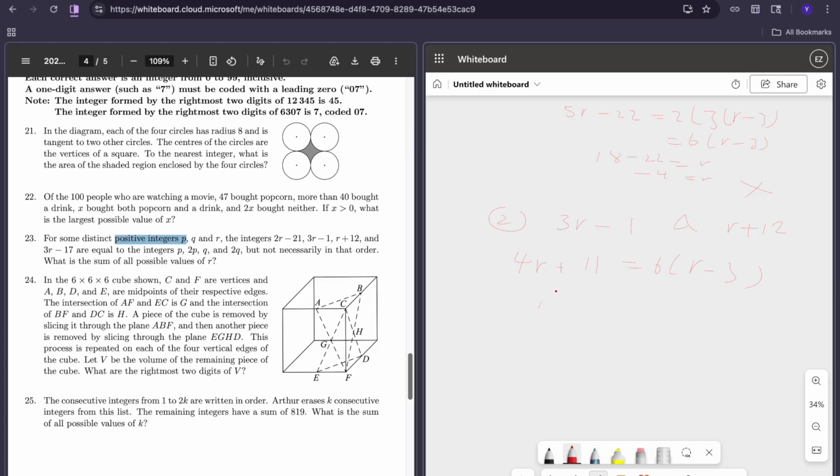So 11 plus 18, which is equal to 2r. But as you can see, right now we get 29 equals 2r, and 29 over 2 is no longer an integer. So the second case is also impossible.